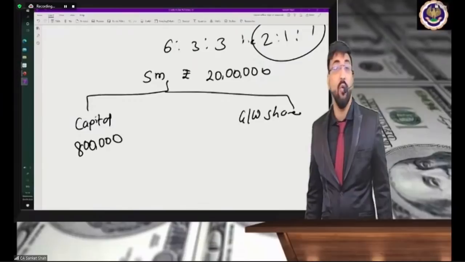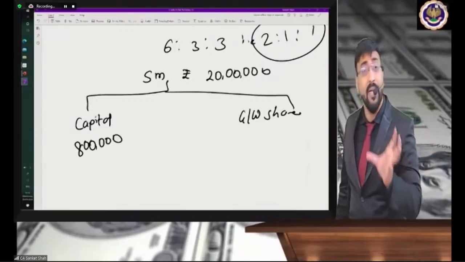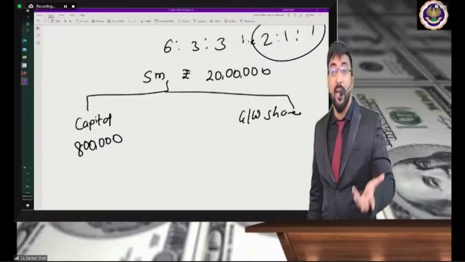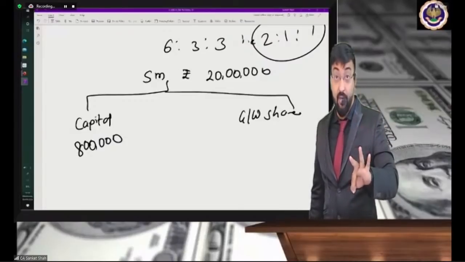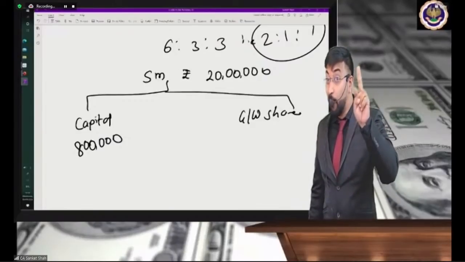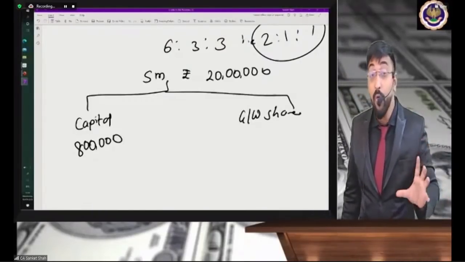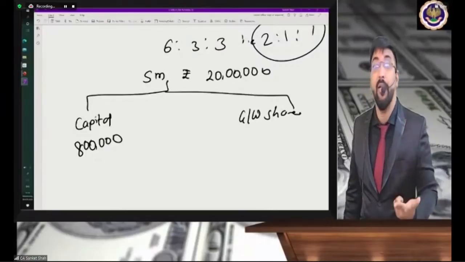How to calculate this goodwill amount? It has some methods, but first understand the concept. In accounting, I'm not telling you about reputation and so on. I want to tell you exactly the accounting treatment.